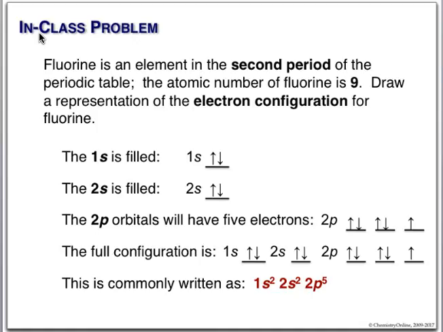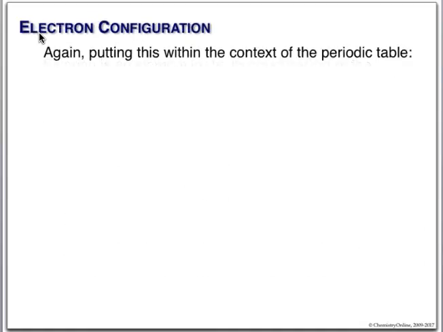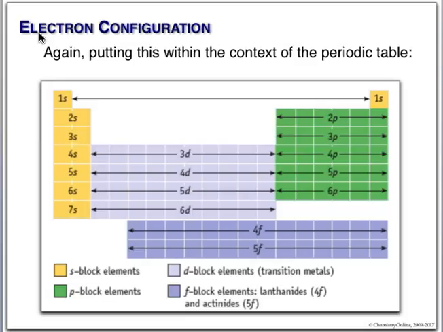The reason the periodic table looks like it does is because of the way the electrons go in the orbitals. Big gap in the middle here. Look at it this way. Our first period, these are only going to be 1s. Our second period, 2s, and then 2p's. Third period, 3s, 3p's, and then we work our way down.